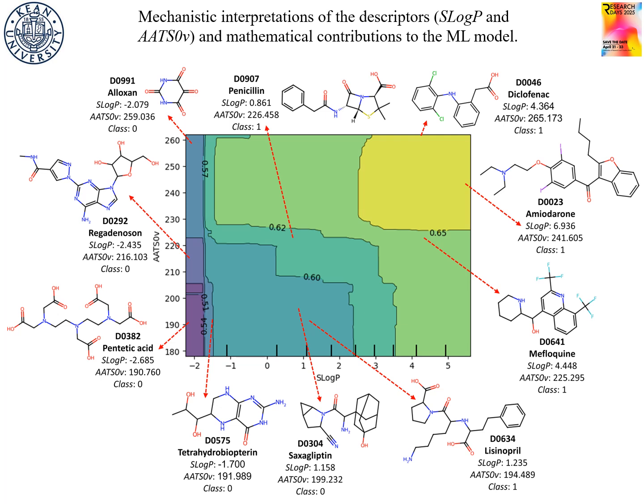Depending on their pattern, the more a drug lies in the yellow color zone, the more likely it is toxic, or class 1. On the other side, the more it goes towards the indigo color, towards the minus section of SlogP, and around the range of 180 to 200 for AATS0v, the more the drugs become non-toxic.